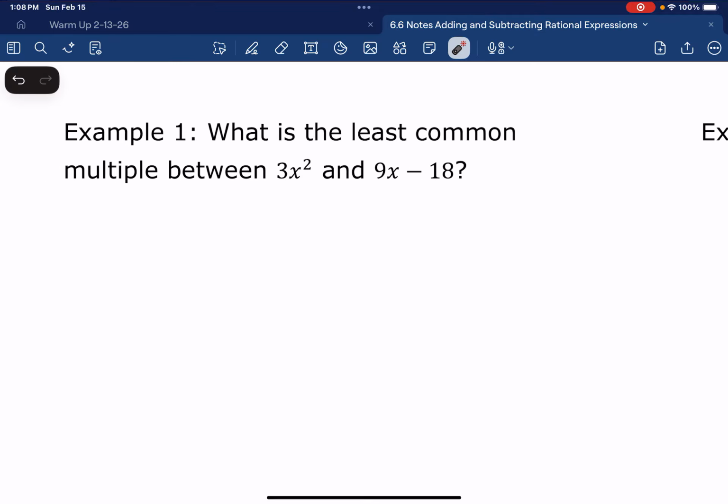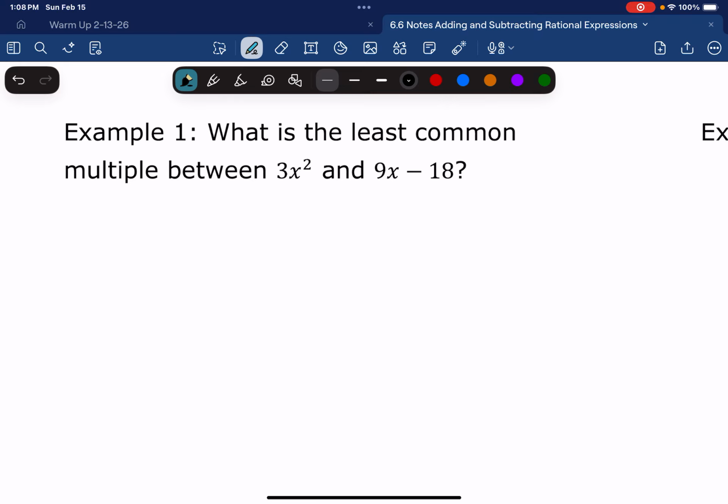So if I look at 3x squared and 9x minus 18, well, 3x squared is the same thing as saying 3 times x times x. That's broken down as much as it possibly can be broken. Now, this 9x minus 18 can be broken into 9 times x minus 2, right?